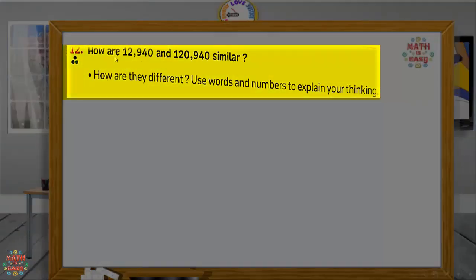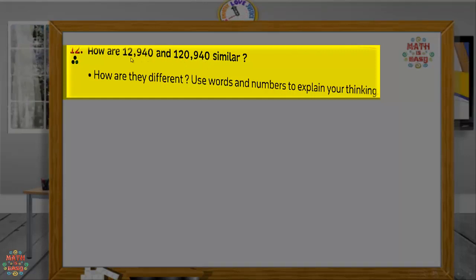12. How are 12,940 and 120,940 similar? How are they the same and how are they different? If you see here, we have 1, 2, 9, 4, 0. And here we have the same digits: 1, 2, 0, 9, 4, 0. They are similar because they have the same digits.